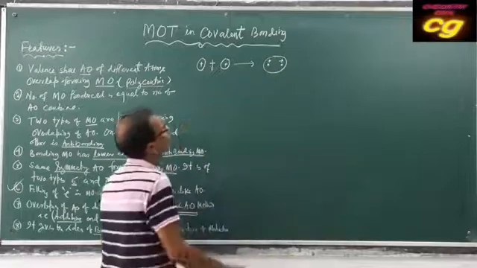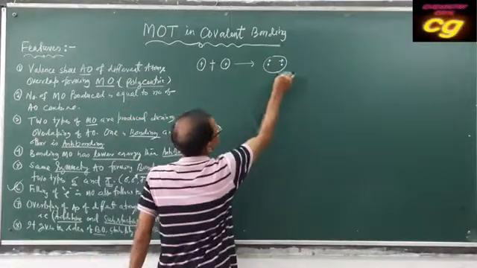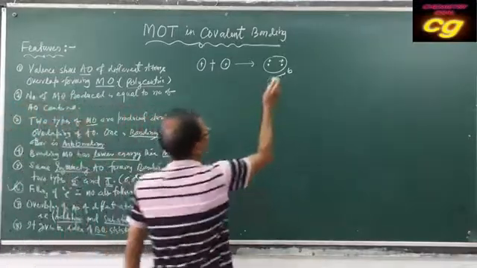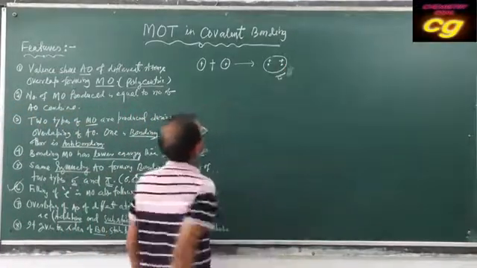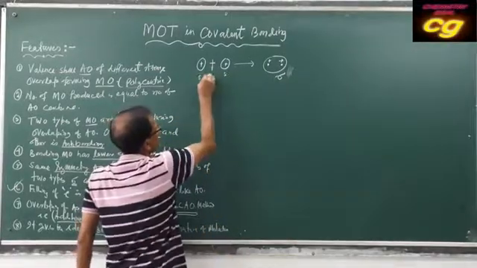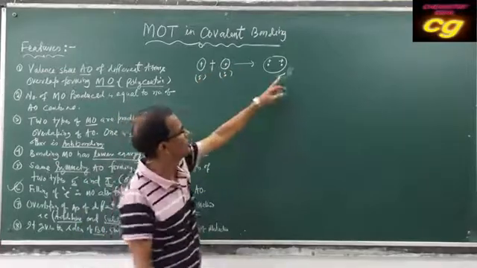This is the sigma bonding orbital. You can write only sigma, don't be confused. So s-s overlap always produces a sigma bond.